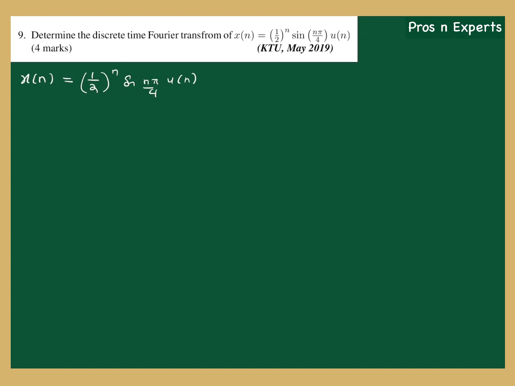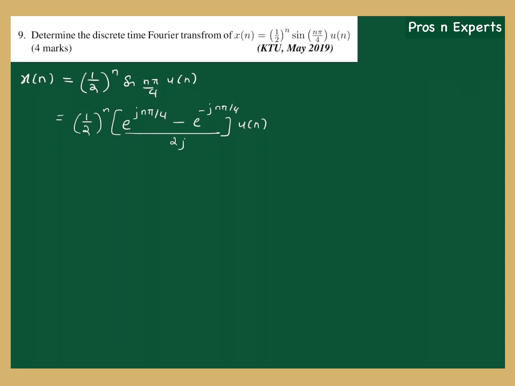So I have to reform that sine n pi by 4 in some other way, and the best method is to write it as e raised to j n pi by 4 minus e raised to minus j n pi by 4 whole divided by 2j into u of n. This is how I can rewrite sine n pi by 4.